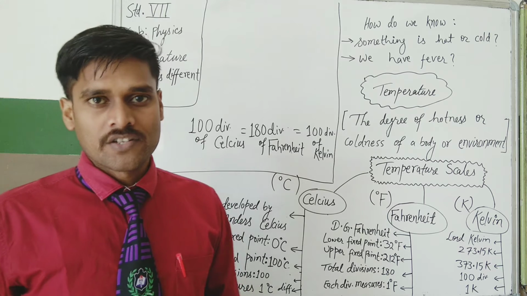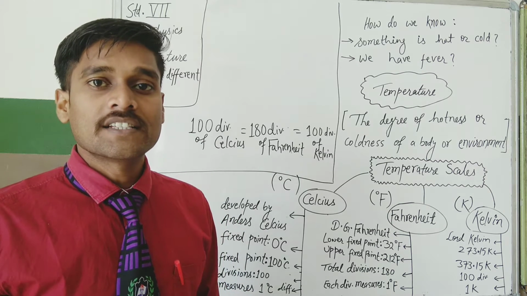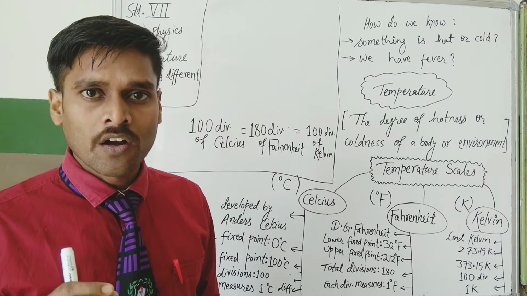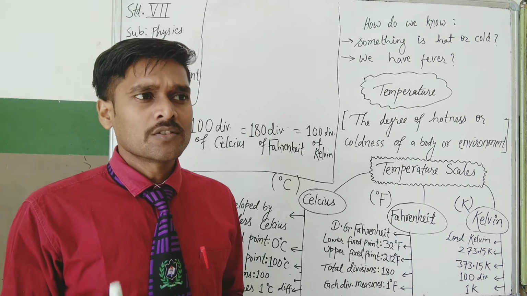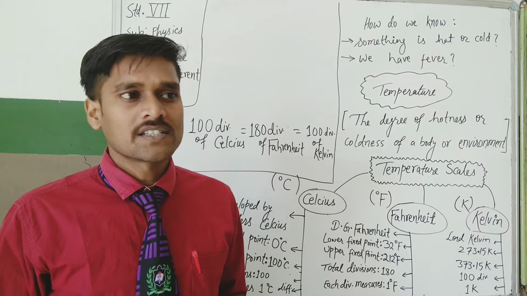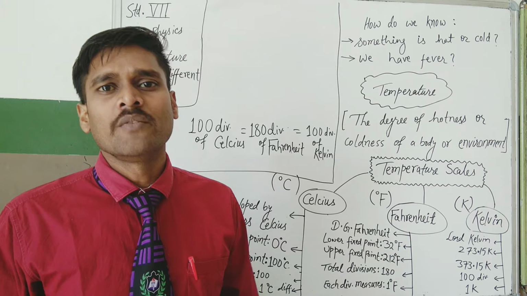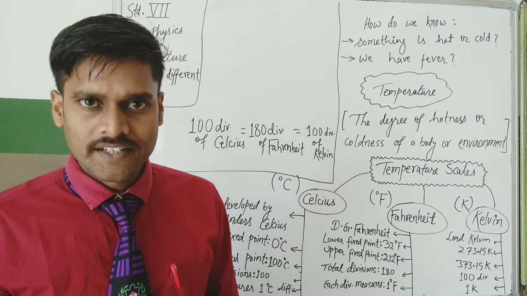So what is temperature? Temperature is the degree of hotness or coldness of an object or the environment. The environment is also hot or cold, as we feel in summer or in winter, isn't it?